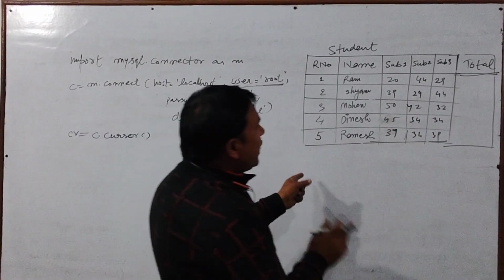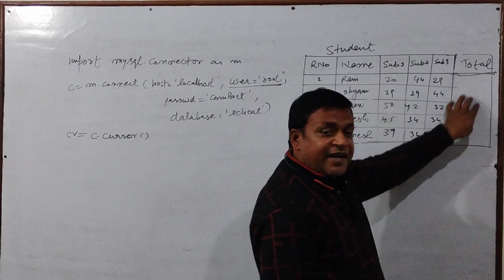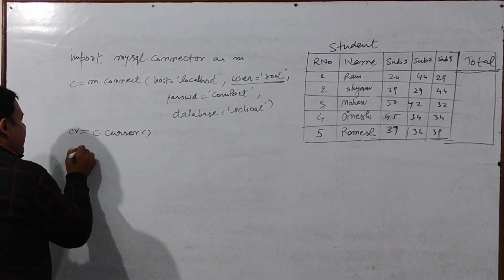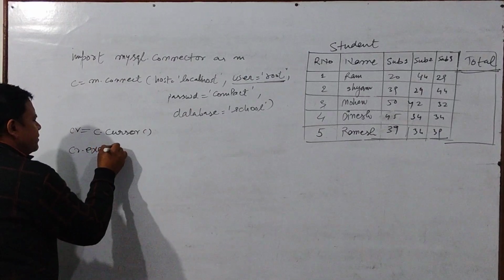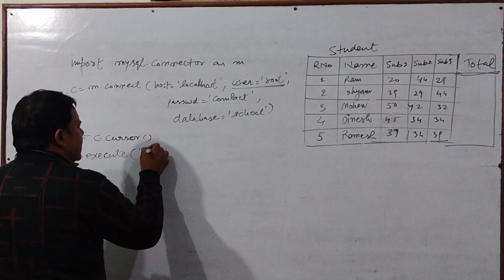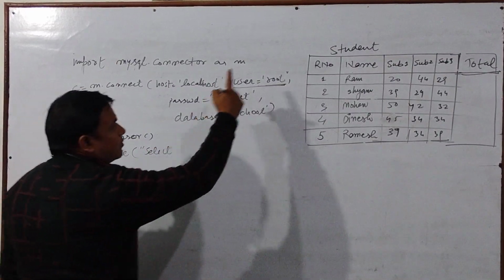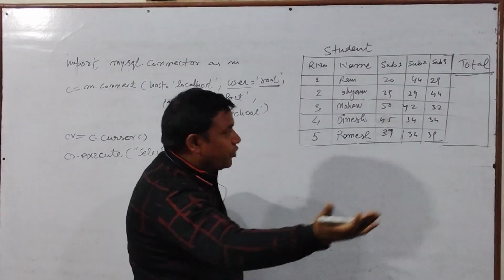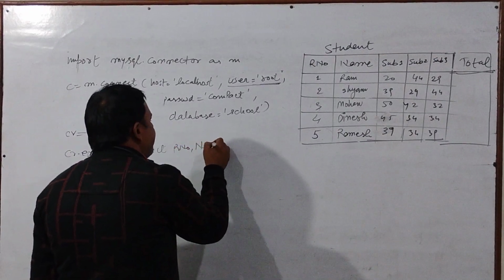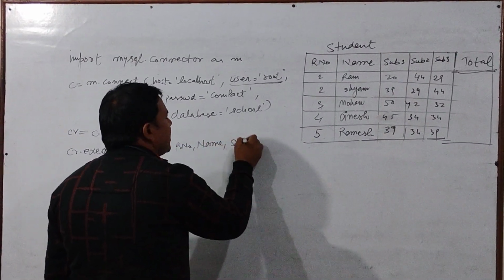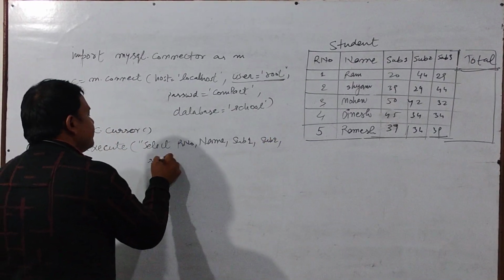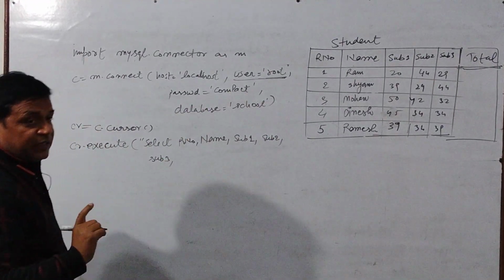Now we have to write the query in which this calculated column will be added. Write the query: cr dot execute, select, then give the columns which you want to display, like RNO, name, sub1, sub2, sub3, and total is not given in that table.